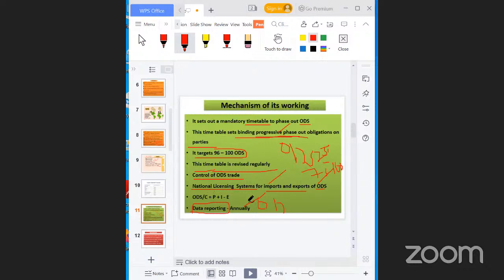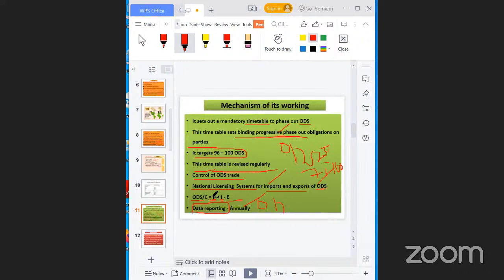So ODS consumption is equal to ODS production plus ODS import minus ODS export.